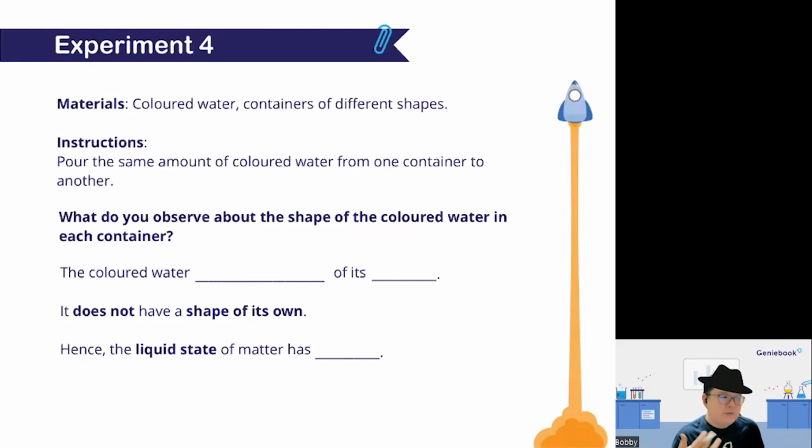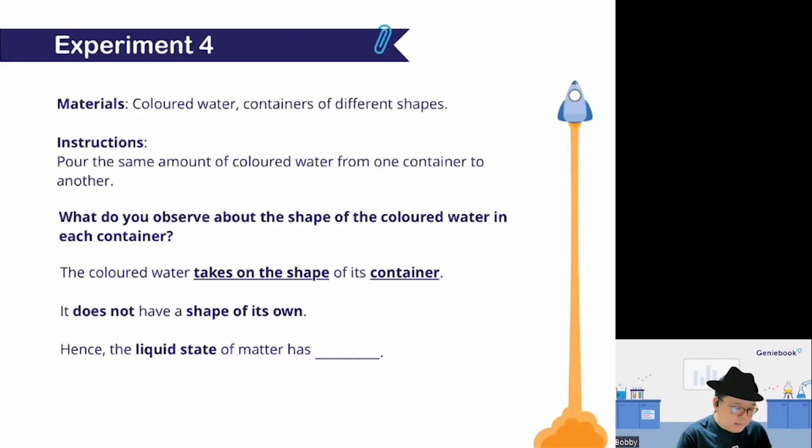If that's the case, what does it mean when water from the bottle becomes round and then becomes square? This means it takes the shape of the container. It actually follows the container. So if you pour from one container to another container, the shape of the water will change.